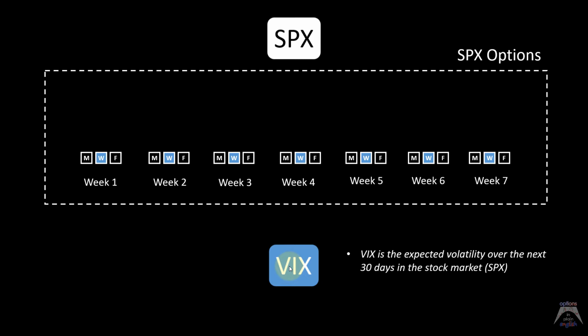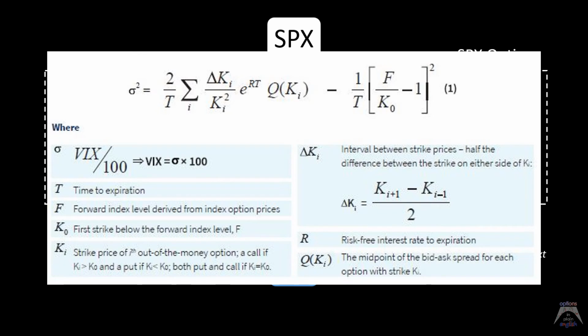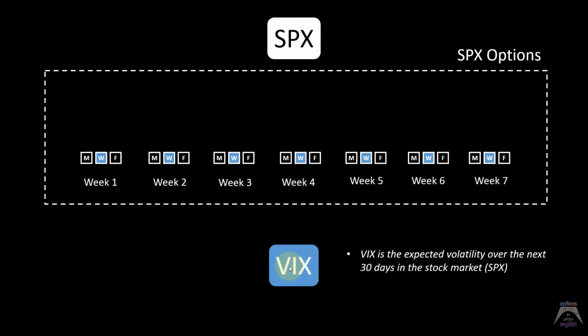Okay, so we're not going to actually use the formula. It's an algorithm that's quite involved, and it's a formula that you can get from the VIX white paper put out by the CBOE. But in this case, we just want to understand where those values are coming from, not necessarily how to do it ourselves. But basically, what VIX does is it takes 2 sets of options, and it uses all the different options.